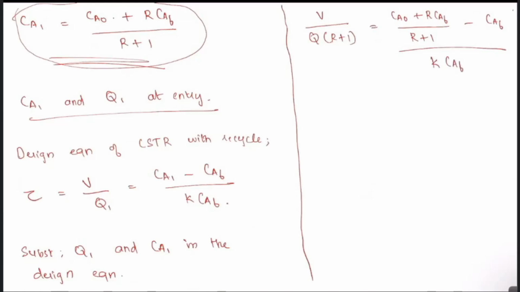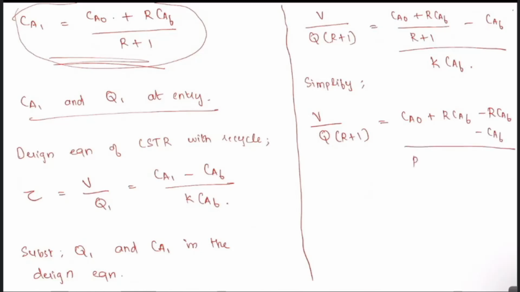Let us try to simplify this. So V by Q into R plus 1 is equal to, if you take the LCM and do some rearrangement, it will be CA0 plus RCAF minus RCAF minus CAF the whole by R plus 1 into KCAF.